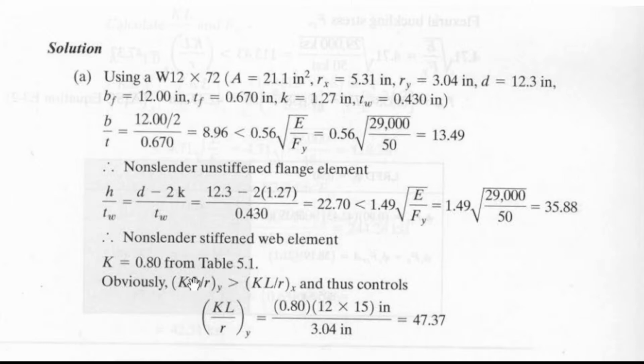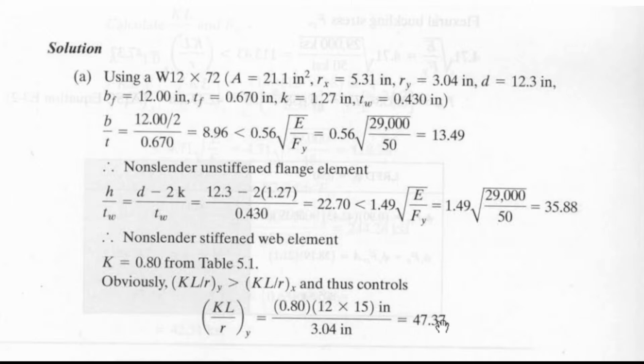Then obviously KL over R. Okay? Take the computation, which is equal to what? K is 0.8. Then 12 times 15. So 12 is the conversion factor. Then divide by R, which is 3.04.